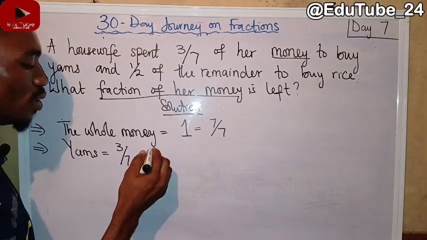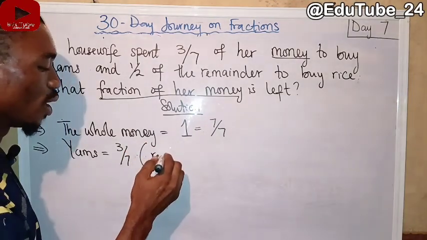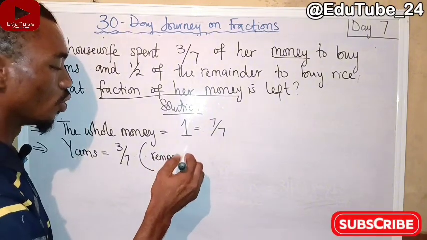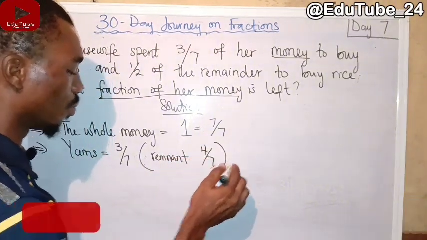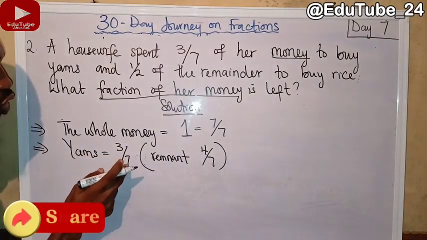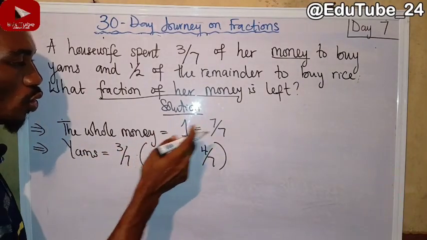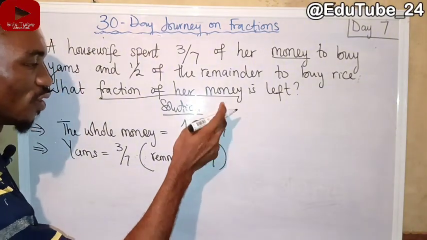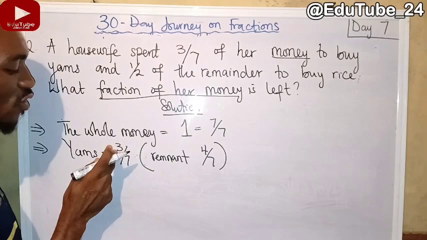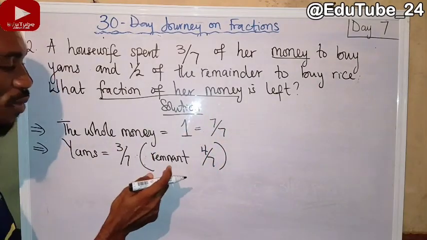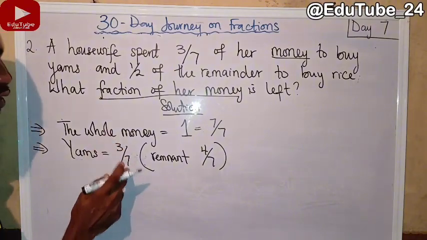So the remnant will be 4/7, because she has spent 3 out of 7 of her money on yams. Her whole money is 1, which is equivalent to 7/7. So if her total money is 7/7, and she spent 3 out of that 7, the remnant will be what? 4/7. So she has spent 3/7 on yam.